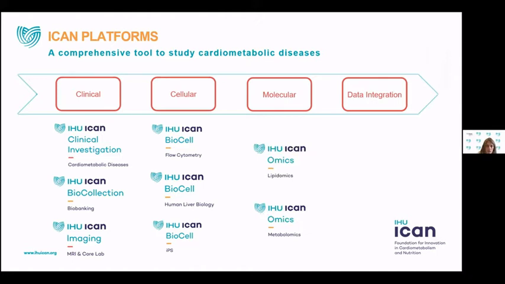And finally, the molecular phenotyping with the ICAN OMICS platform with lipidomics and metabolomics. The challenge is then to make sense of all this data produced by these platforms using our ICAN Intelligence and Omics platform, specialized in data sciences. Today I'm going to focus on the ICAN OMICS lipidomics platform.